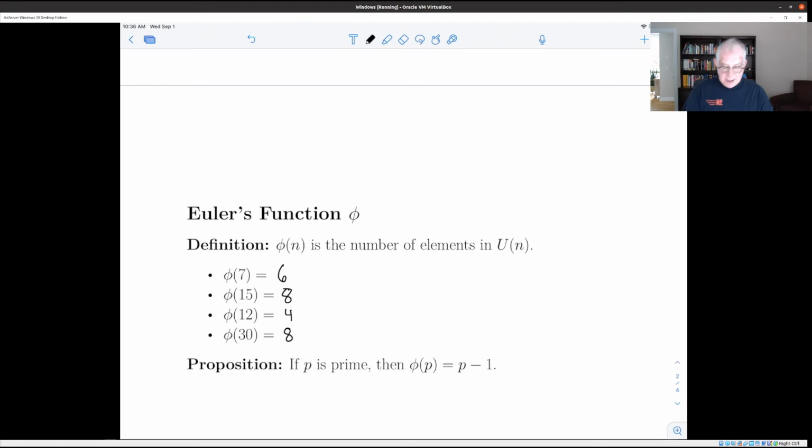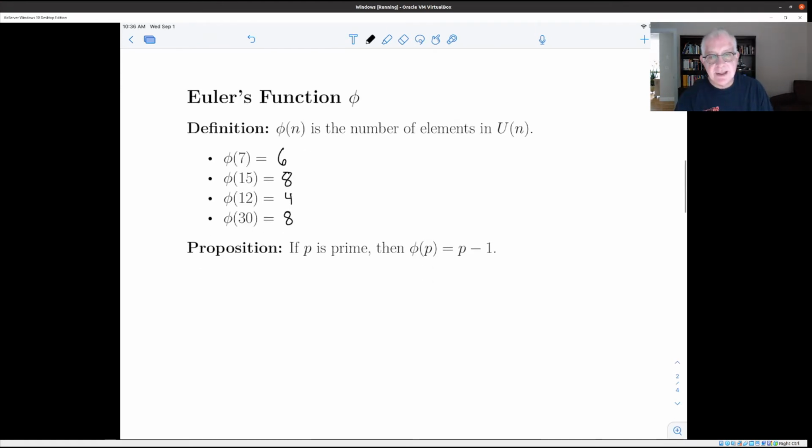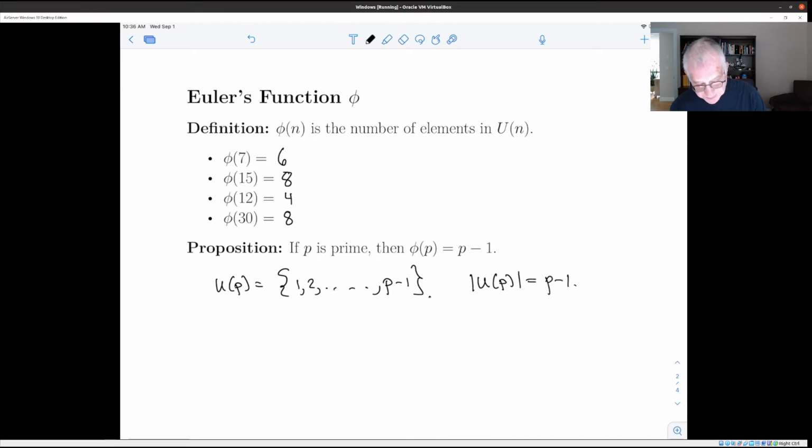The one case which is easy to see is that if p is prime, then phi of p is always p minus 1, because U of p just consists of the residue classes 1, 2, and so forth up to p minus 1, since none of those numbers can have a factor in common with p if p is prime. 0 has a factor in common with p, but none of the other residue classes do, and this shows us that U of p has p minus 1 elements.